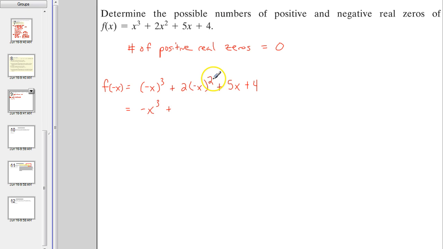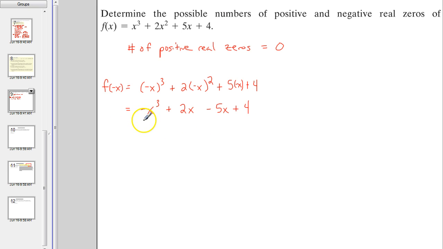But a negative an even number of times will end up being positive, and a positive times a positive remains positive. Okay, oops, I didn't put the negative right there, excuse me. That should have been negative x also. Positive times that negative is a negative. Alright, then a 4. So there's f of negative x.